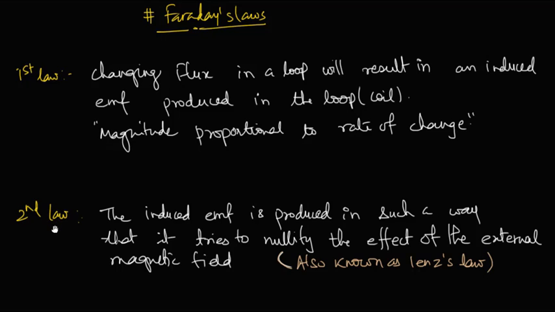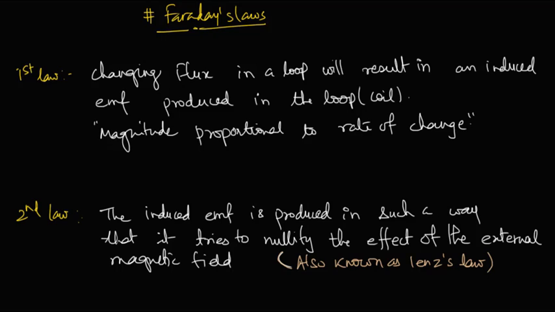The second law says that the induced EMF is produced in such a way that it tries to nullify the effect of the external magnetic field. So let's say in a loop the magnetic field is increasing, so the induced EMF will be in such a way that it will try to decrease the external magnetic field, and if the magnetic field is decreasing, it will try to increase the external magnetic field.